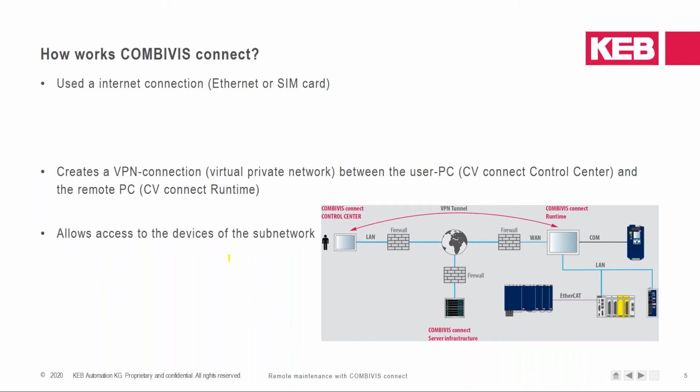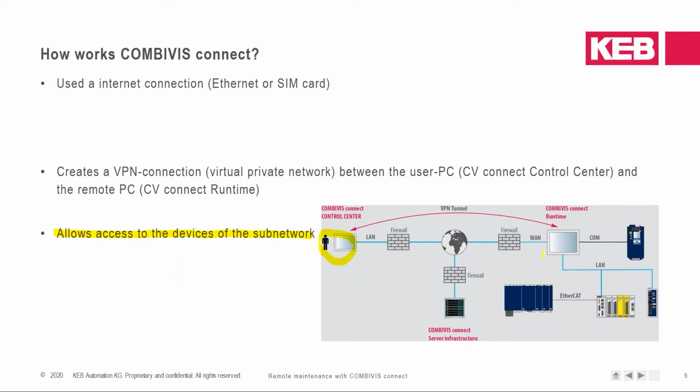What we can do with it is access devices in the subnetwork. In the picture on the left side, you see the COMBIVIS Connect Control Center, which is installed on the user PC. I mark it here.